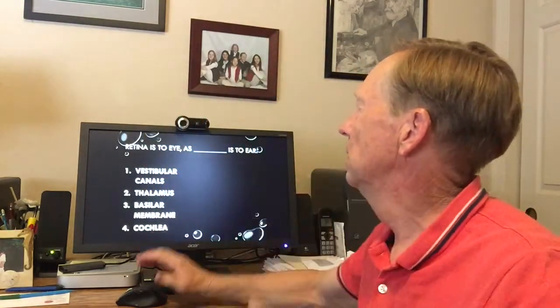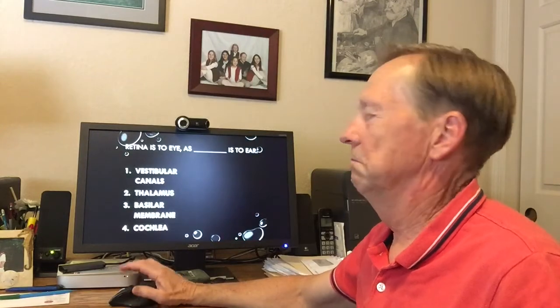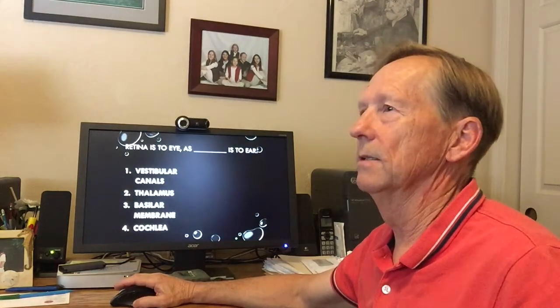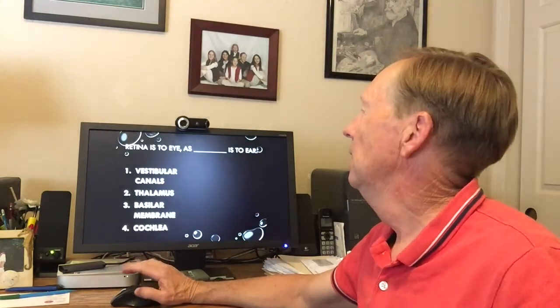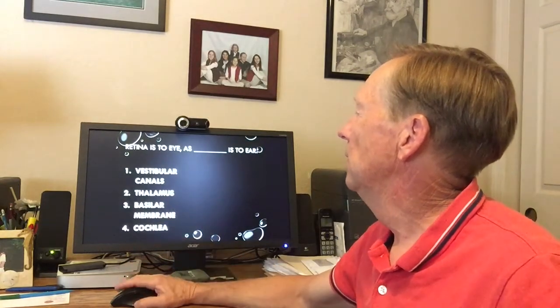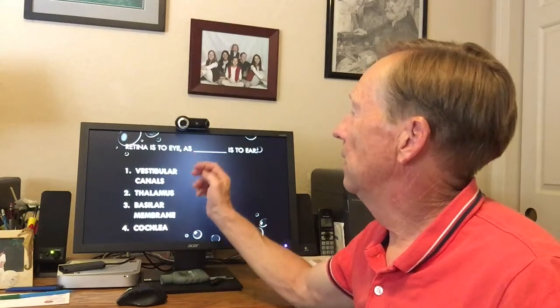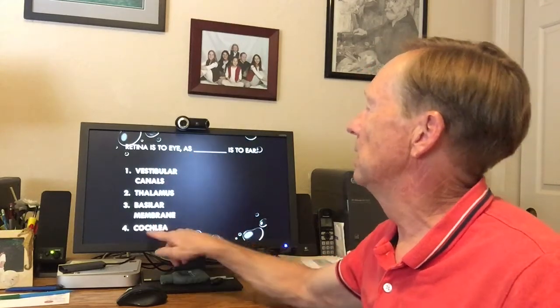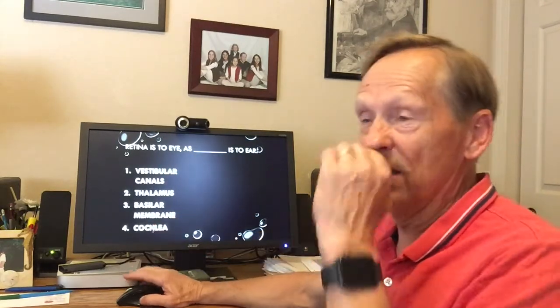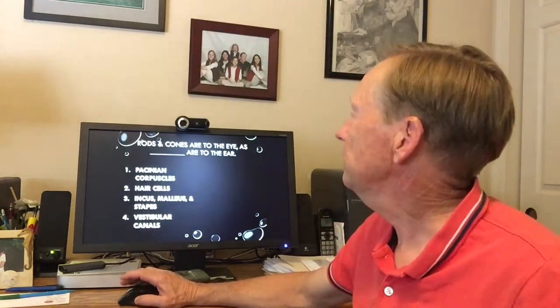The thalamus is not where transduction occurs in the ear because it's not even in the ear. The basilar membrane is a part of the cochlea, but most analogous to the retina is actually the cochlea itself. So the cochlea is where transduction occurs in the ear.